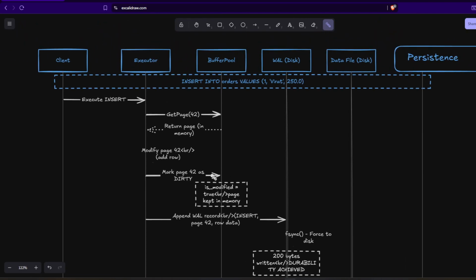After getting the page, it will make the change in this particular page. Whatever row it needs to add, it will add, and it will mark the page as dirty.